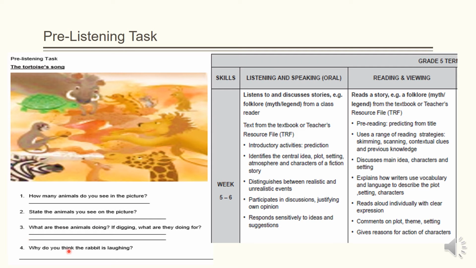And now just the last question, to really amp up the curiosity: why is the rabbit laughing? So that's the pre-listening. You are helping learners to predict what's going to happen, and have a discussion in class on what's possibly going to happen in the story.